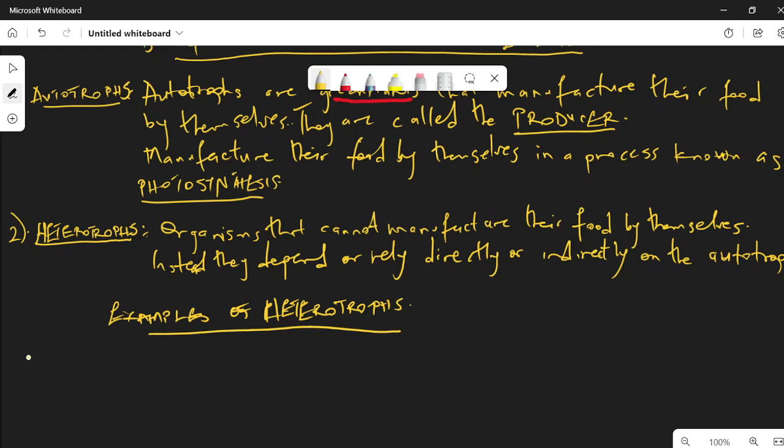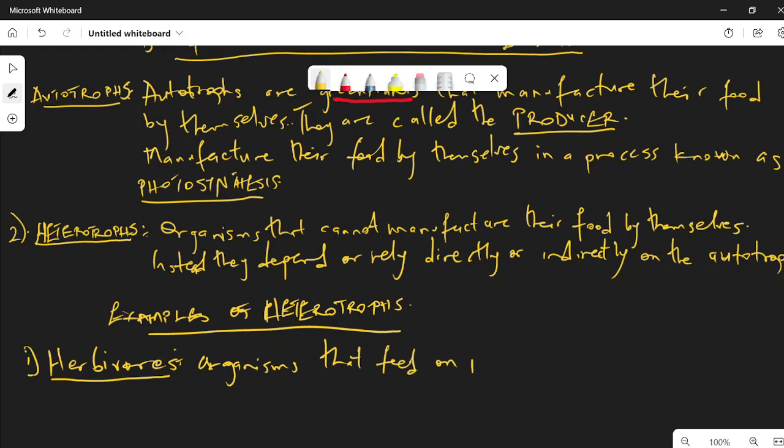So one, or let's say Roman numeral A, we have what we refer to as the herbivores. What are herbivores? Herbivores are organisms that feed on plants or herbs.